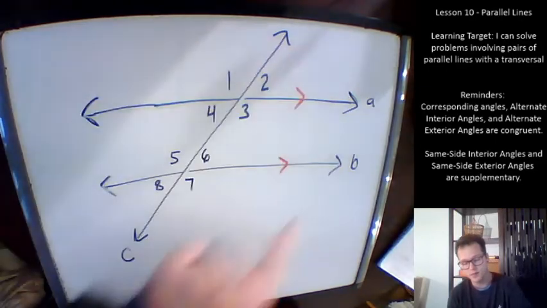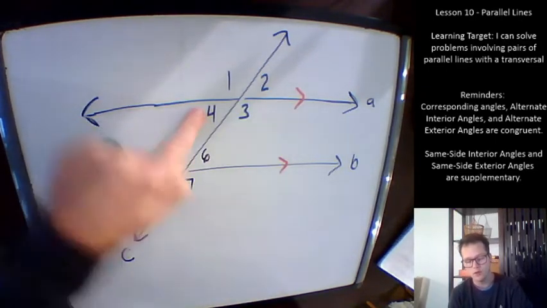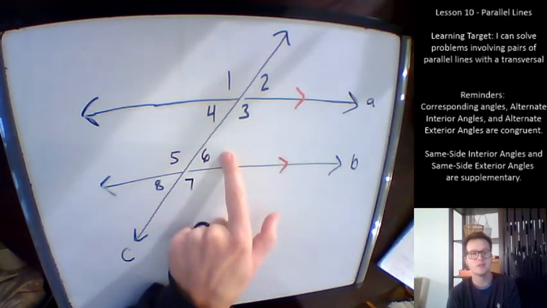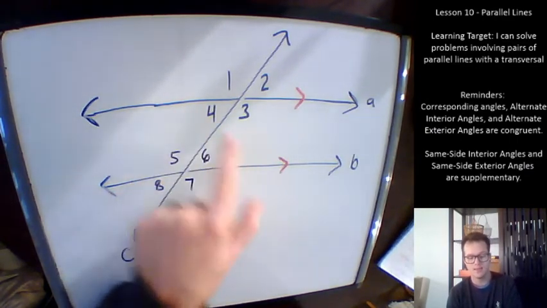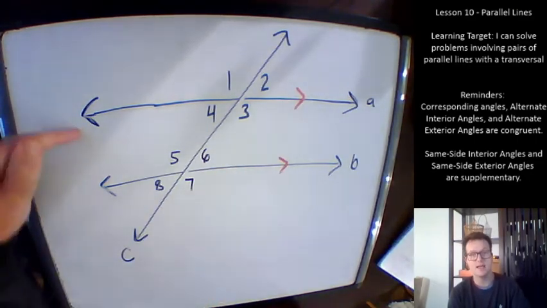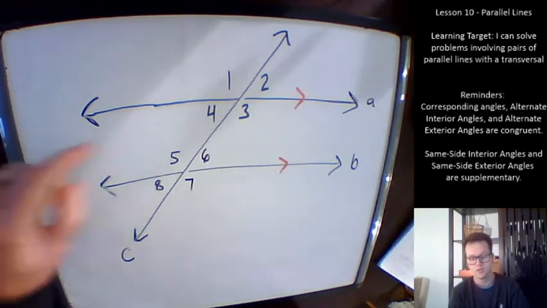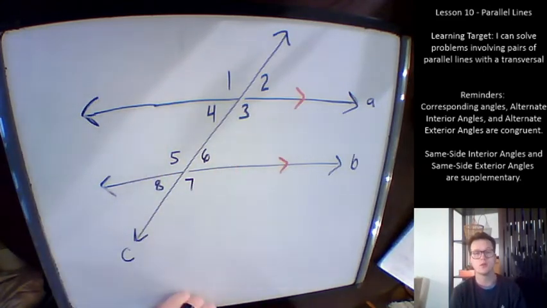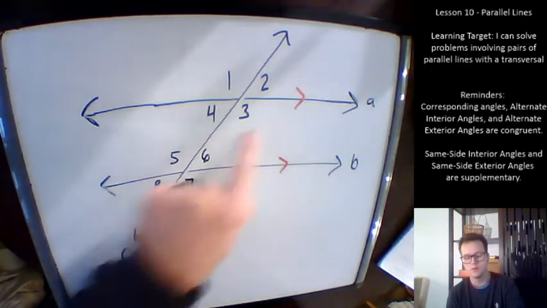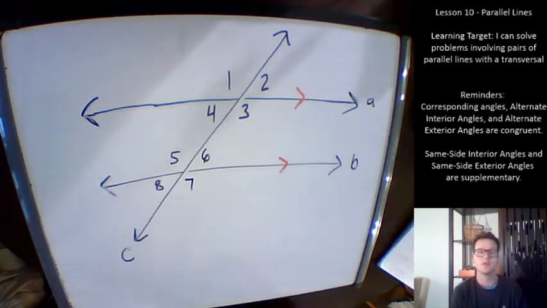So in our example here, we'd say angle 4 and angle 6, that pair of angles, are alternate interior angles. They are on opposite, or alternating, sides of the transversal, but they are still inside of the parallel lines here. So 4 and 6 are alternate interior angles, as are angle 3 and angle 5. There are 2 different sets of alternate interior angles.